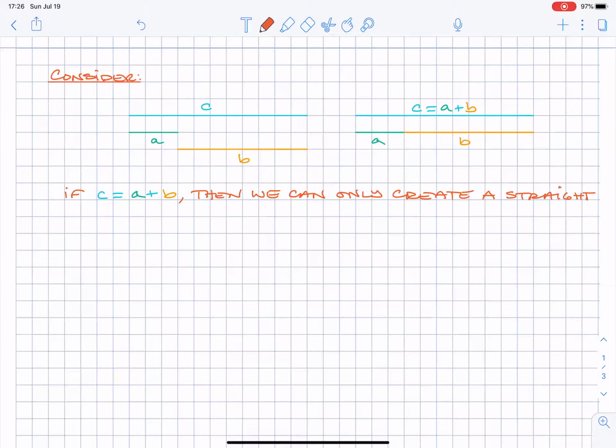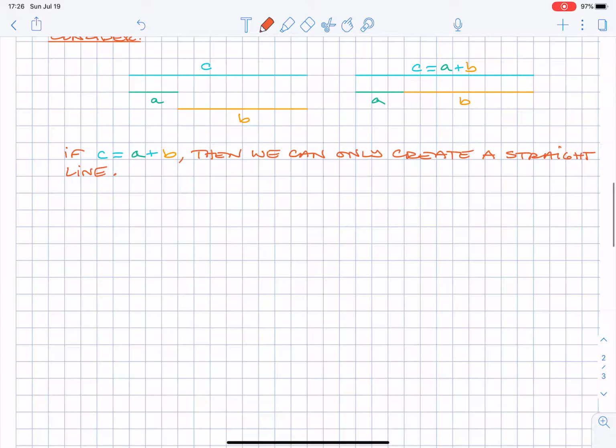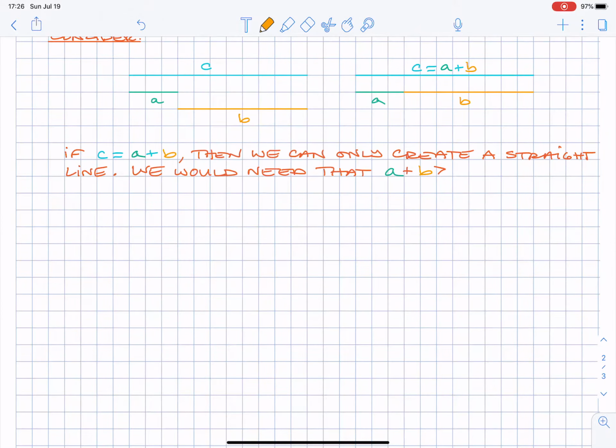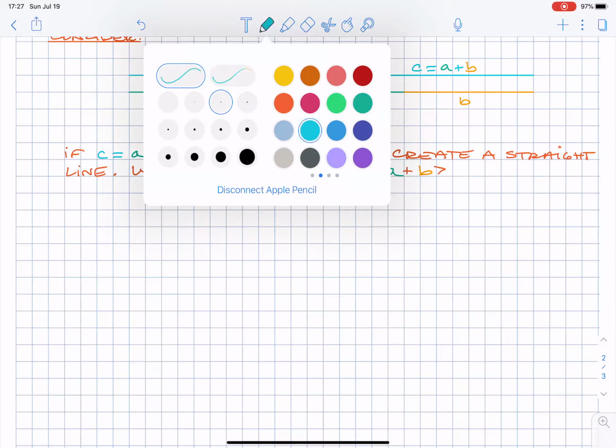So I can't create a triangle out of these three lines, is what I'm saying. So what would we need? We would need that A plus B would be greater than C in order to create a triangle.